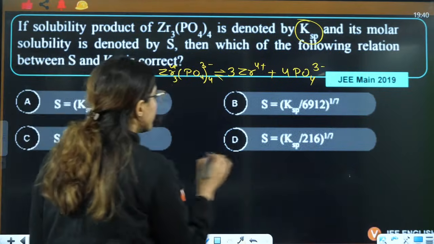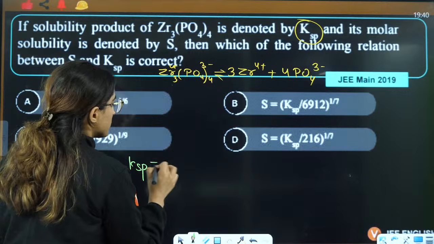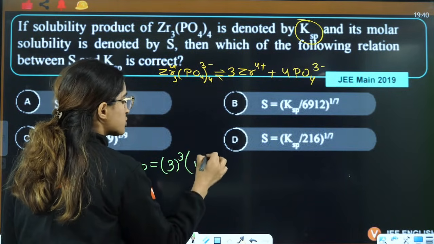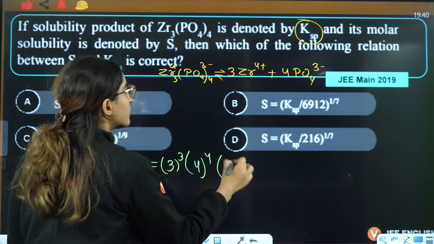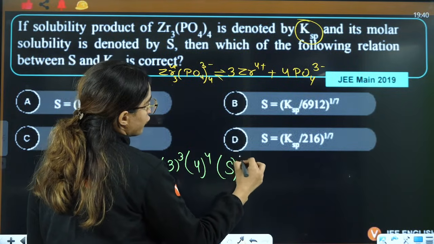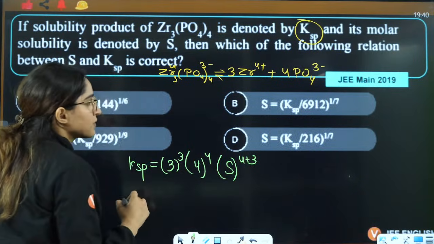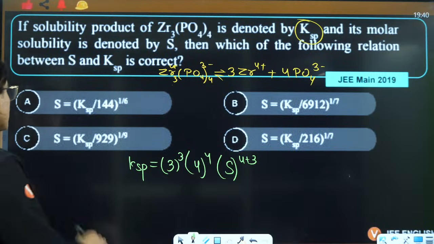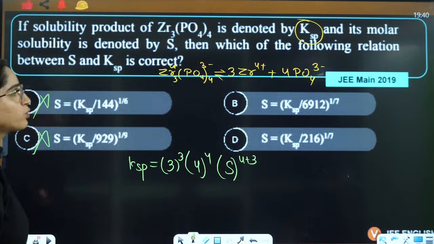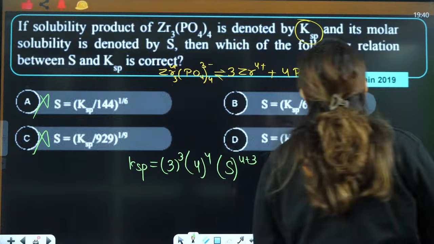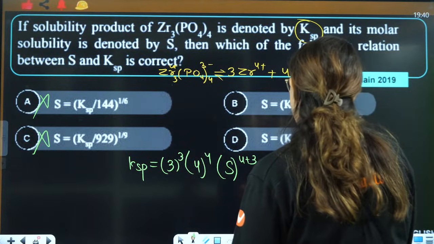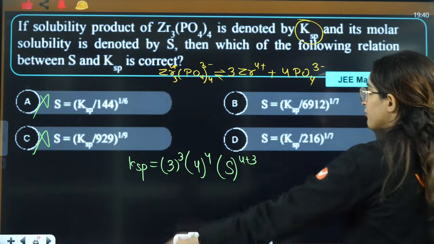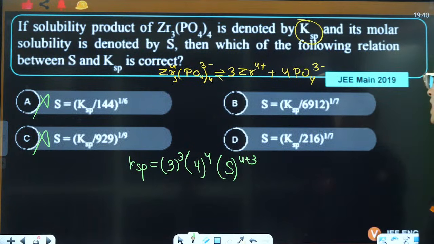Now Ksp equals stoichiometry 3 raised to power 3, 4 raised to power 4, solubility of 4 plus 3, that is 7. So this one and this one are already ruled out. Solubility has to be to the power 7, so Ksp has to be S to the power 7 multiplied by a factor.